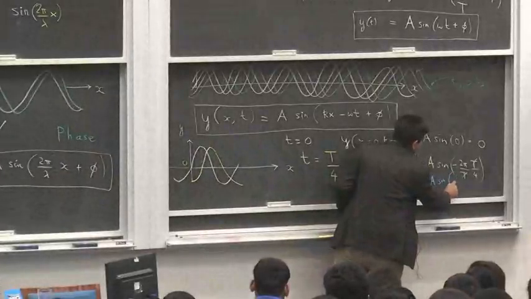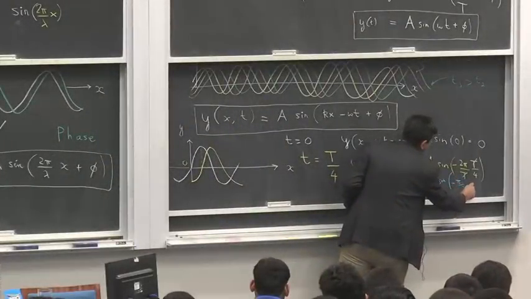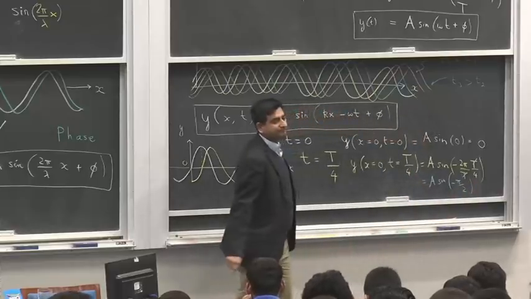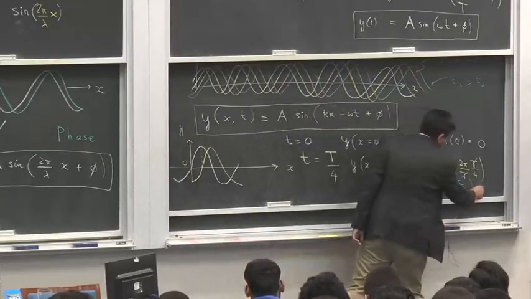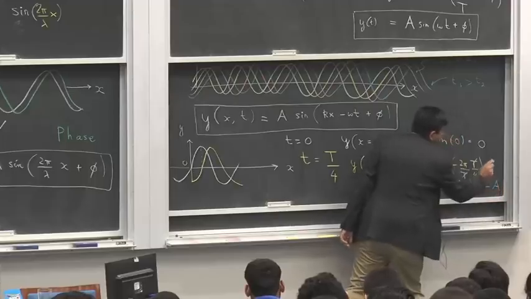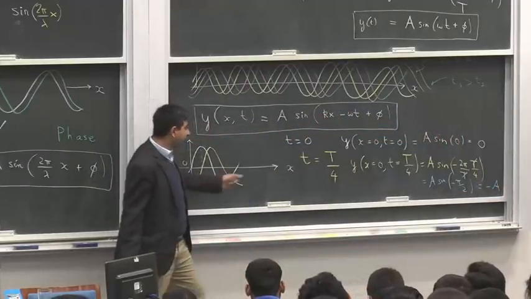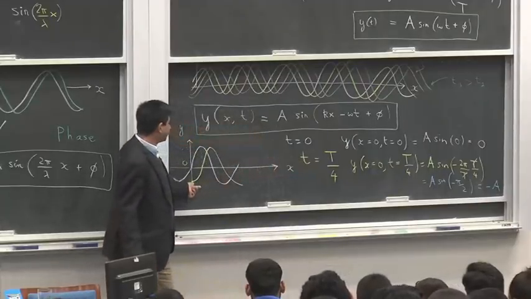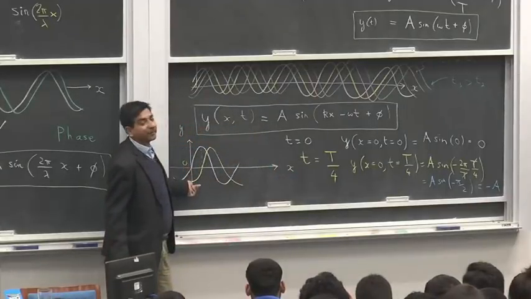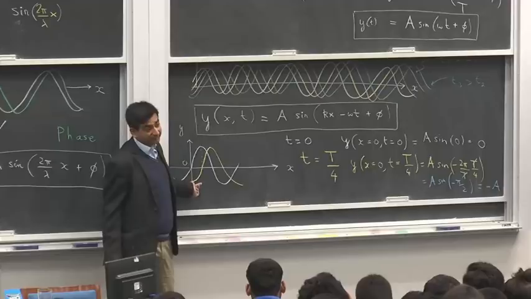It's a sine of minus pi over 2, which is minus A. So now after this time, the value of the disturbance at this location is minus A, and indeed it is.